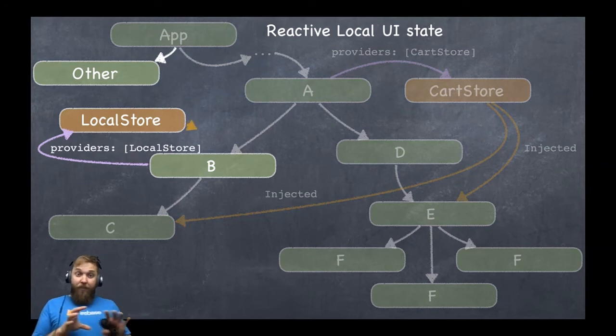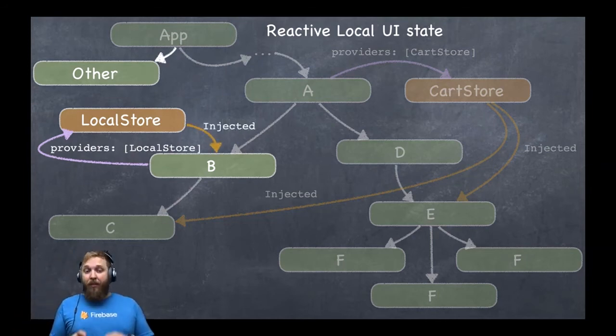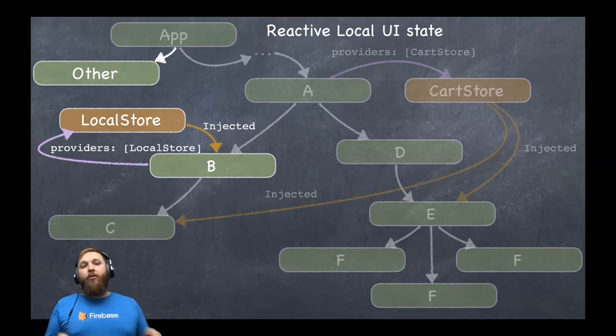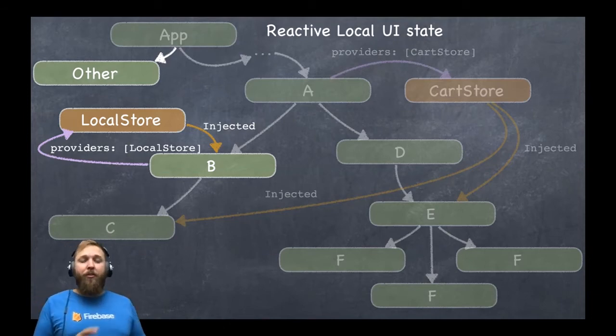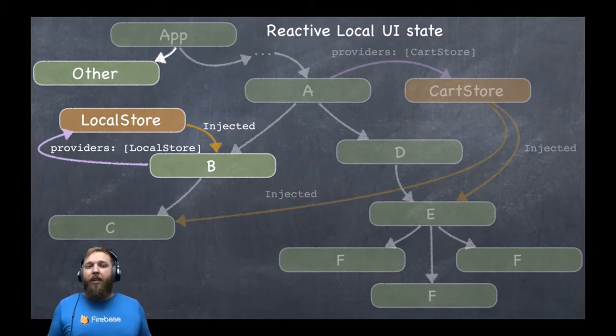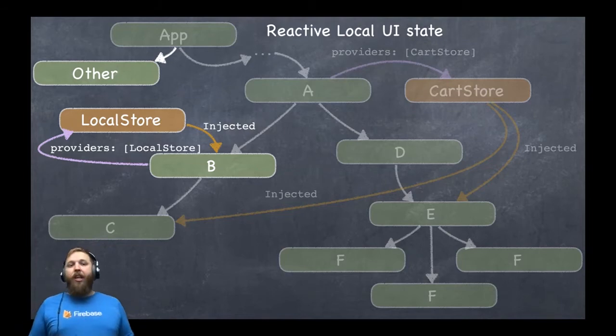It's provided within the component B, so it's still a component scope provider, and it's also injected there. And then we can offload all the business logic from the component into that store. So this is basically a one-to-one relationship, all right? And it's no longer used anywhere else. It could be just for that component. So this is a reactive UI store example.